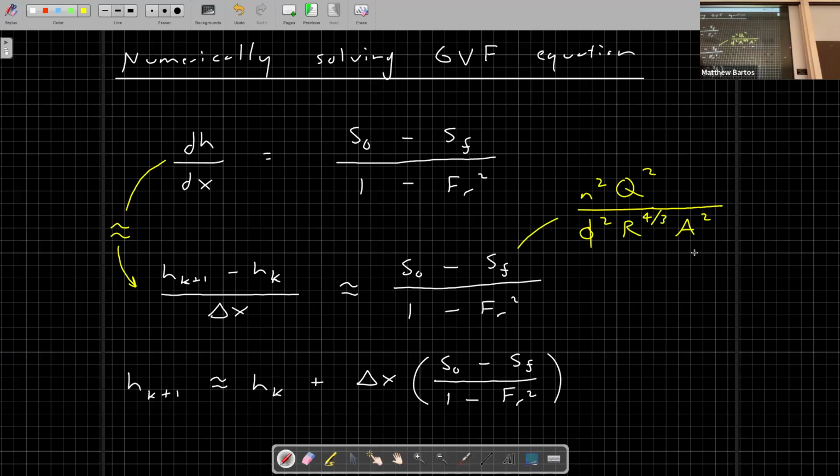They're functions of what quantity? H, right? So to compute those, we need to know the H at the previous not time step, but the previous spatial step. Similarly, the Froude number is given by q squared T divided by g A cubed. Both the cross-sectional area and the top width are potentially functions of the depth as well.